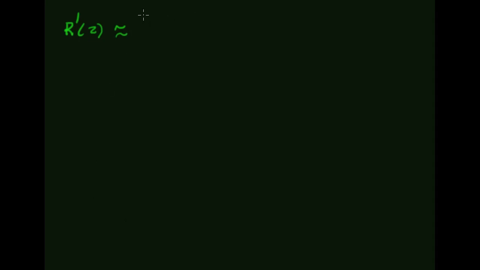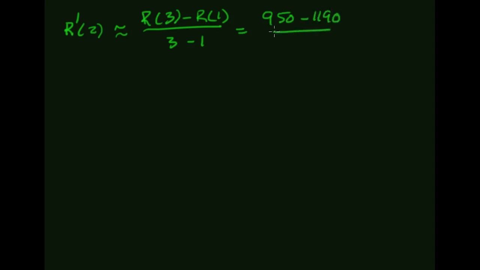So R prime of 2 is going to be approximately, alright, so we're using the average rate of change, R of 3 minus R of 1 over 3 minus 1, which is going to be 950 minus 1190 over 2, which is negative 240 over 2, which is negative 120.